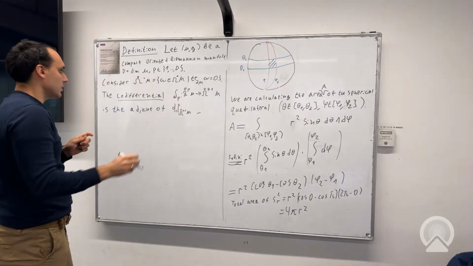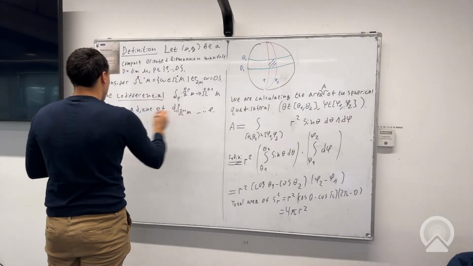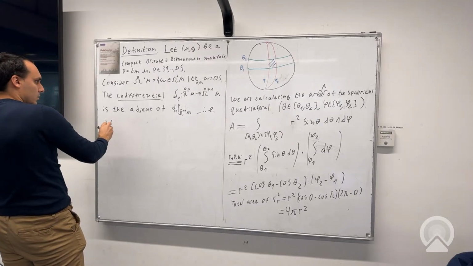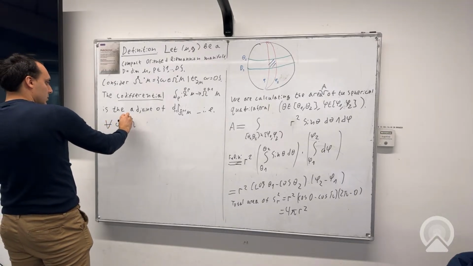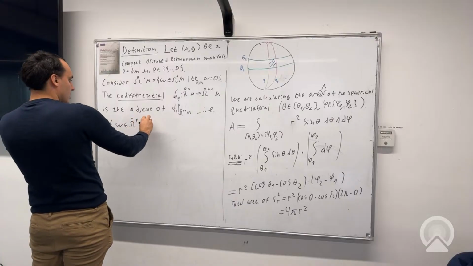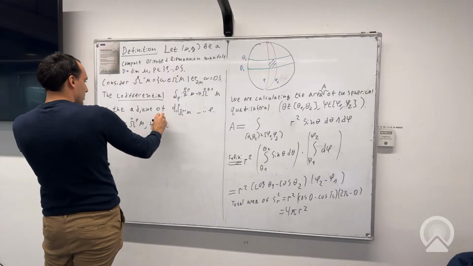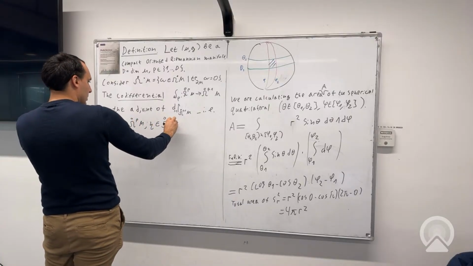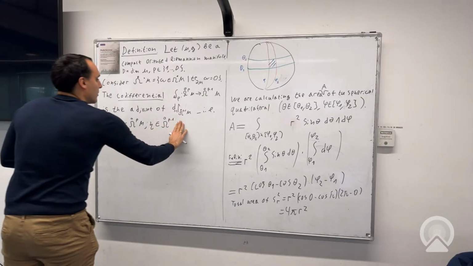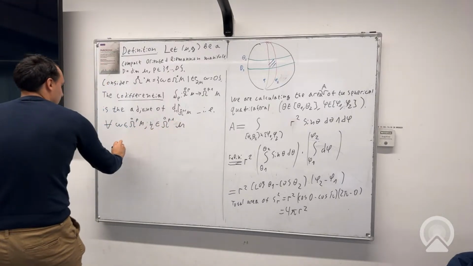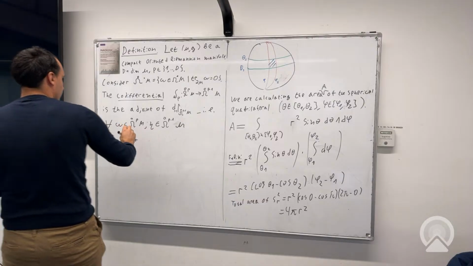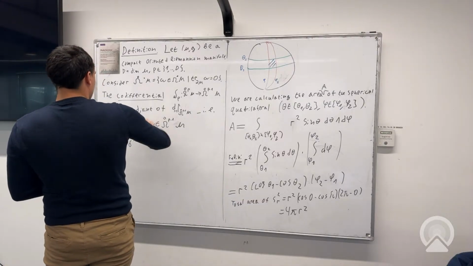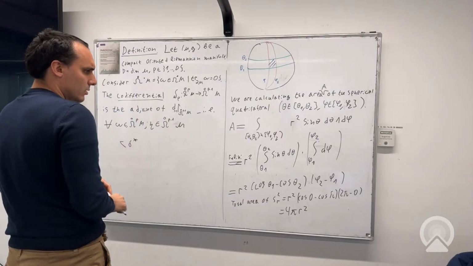So that means that for any omega in omega 0 p of M and eta in omega 0 p minus 1 of M, we have the following. So delta star, no, how do I call it?